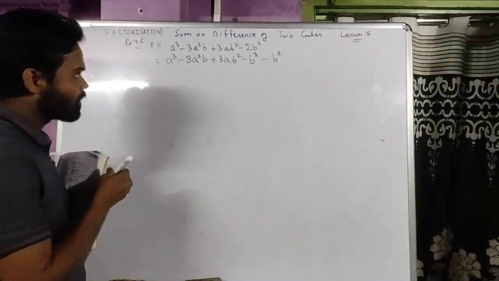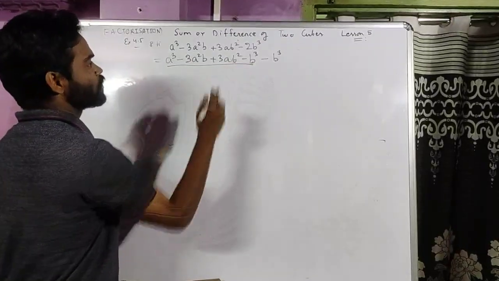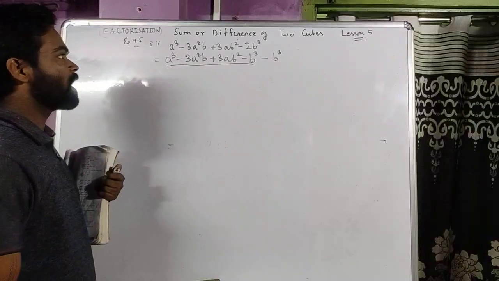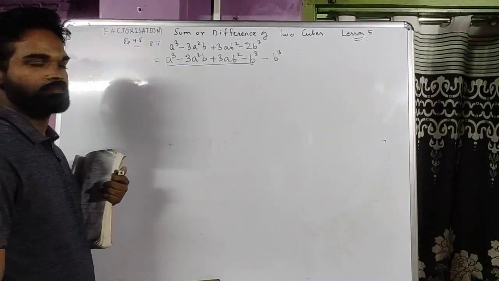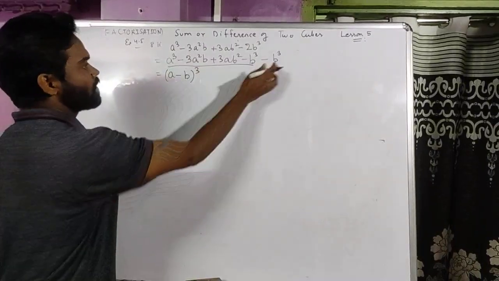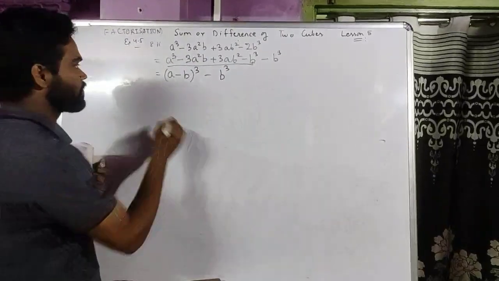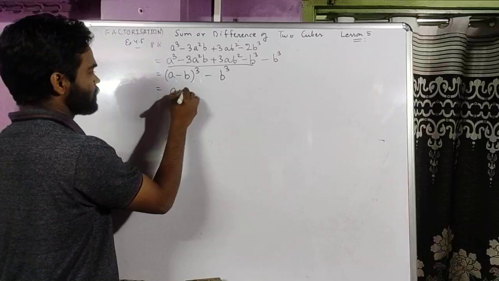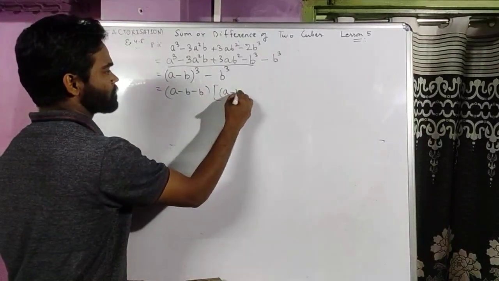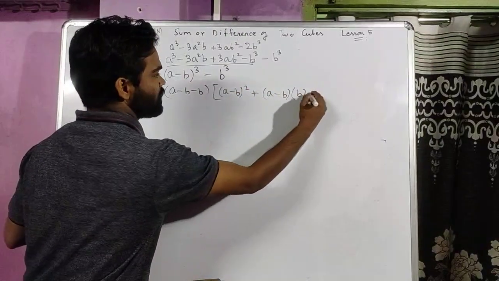How does it help us? If you look carefully at the sum, this portion we have done in expansion, this is the formula for a minus b whole cube. So can I write this as a minus b whole cube? And this is again in the form of a cube minus b cube, which is a minus b, a square plus ab plus b square.